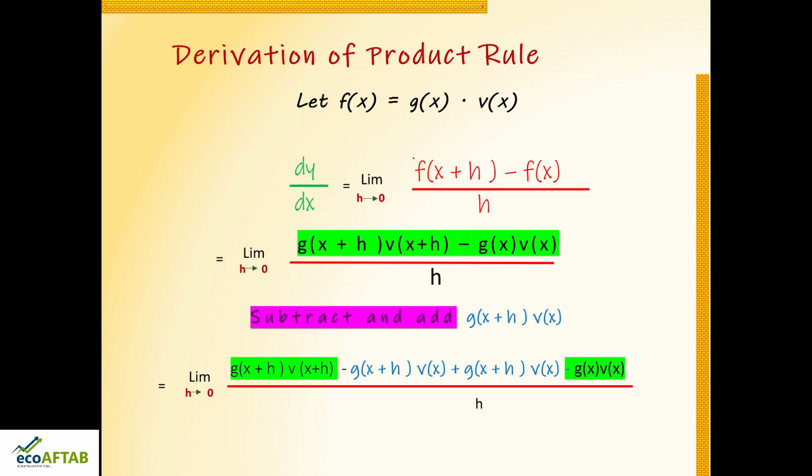So, this is our original thing which is in green shade. In between, what I have done is I have subtracted g of x plus h into v of x, and I have added again g of x plus h into v of x, and as it is, the green part is there, minus g of x into v of x.